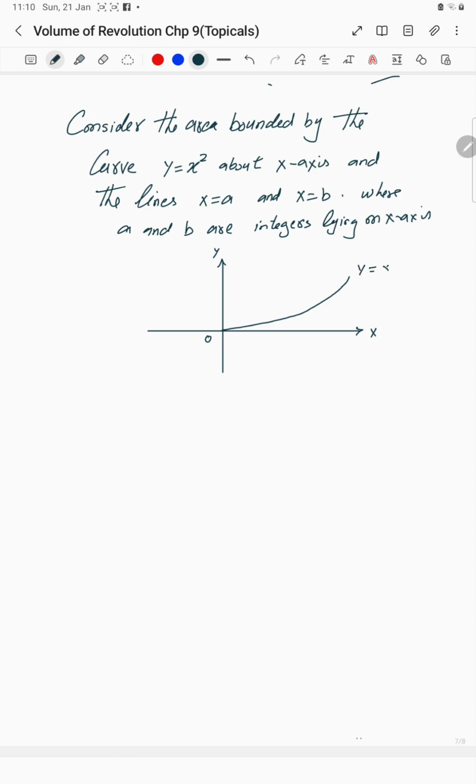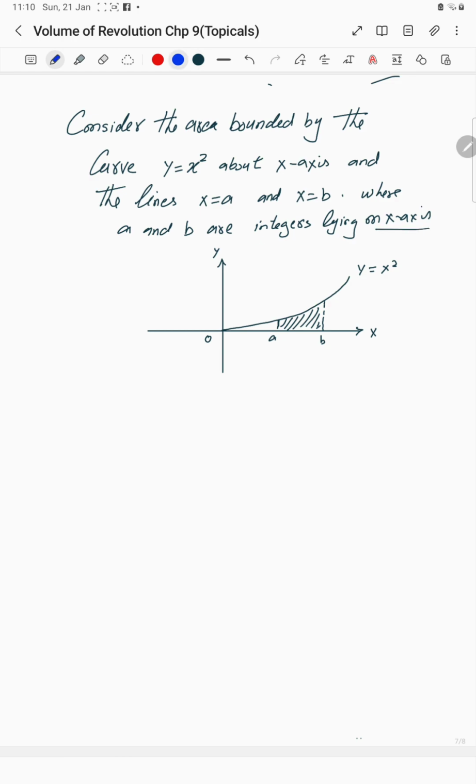As a and b are integers, suppose this is a and here it is b. So this is the area we are looking for: the area bounded by the curve, about the x-axis, and the lines x is equal to a, x is equal to b, where a and b are integers lying on the axis.